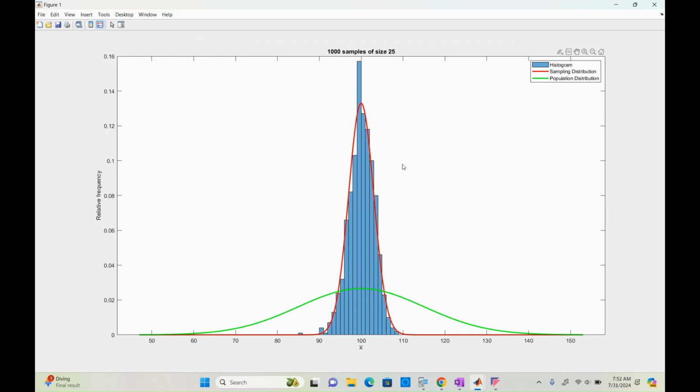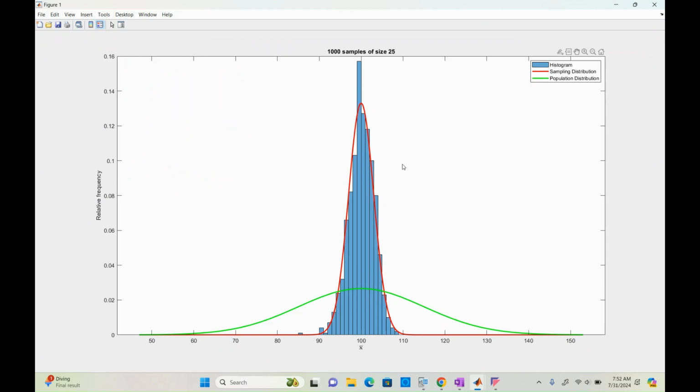And that normal distribution is our sampling distribution. It's supposed to essentially be how all samples would be distributed, but specifically samples of size 25 from this population with mean 100 and standard deviation 15.